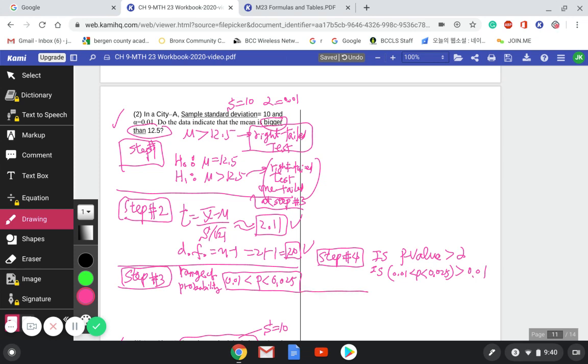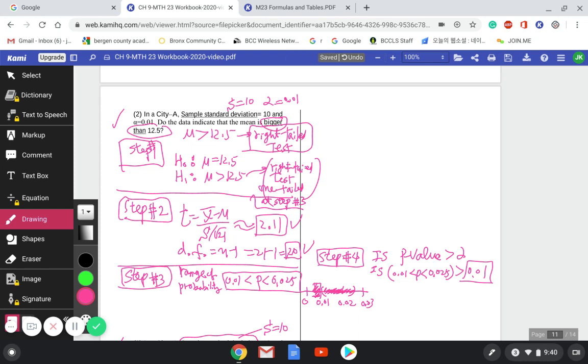So when I use the number line 0.01, 0.02, 0.03, 0.01 was here, right? And range was from here to here. So which one is bigger? Is range bigger than 0.01?